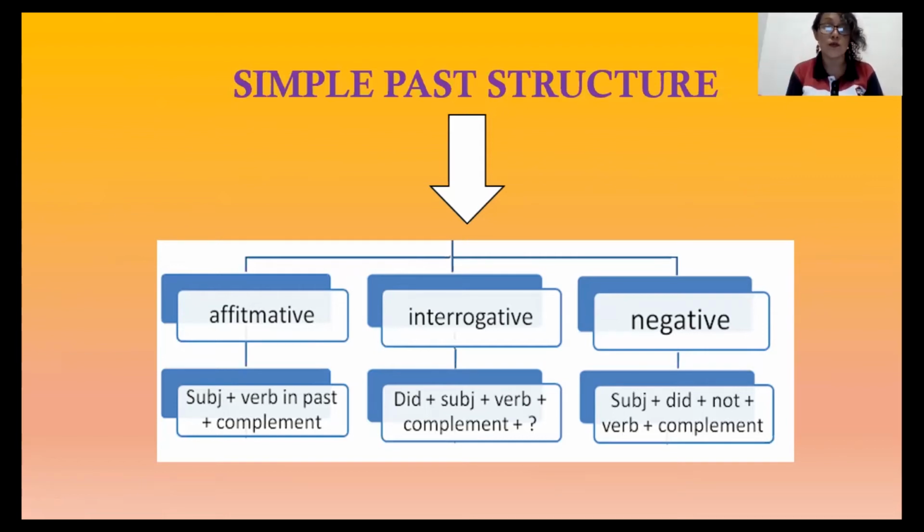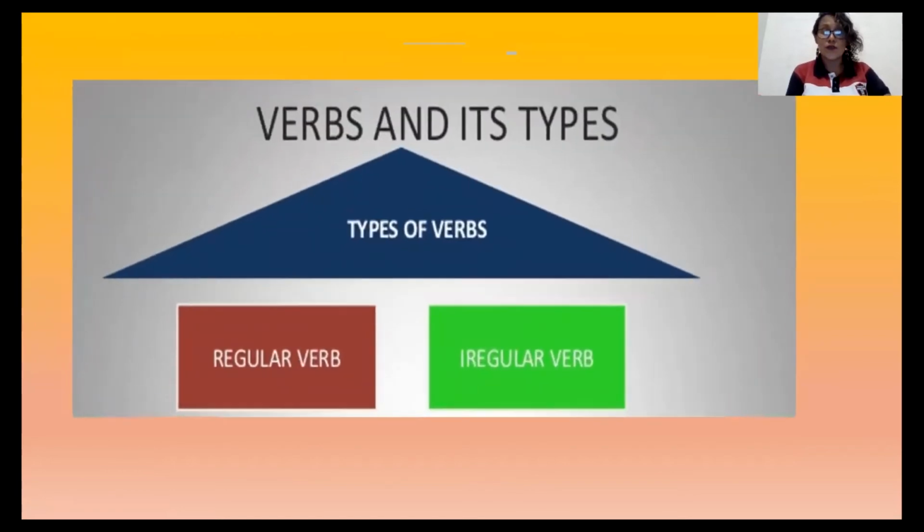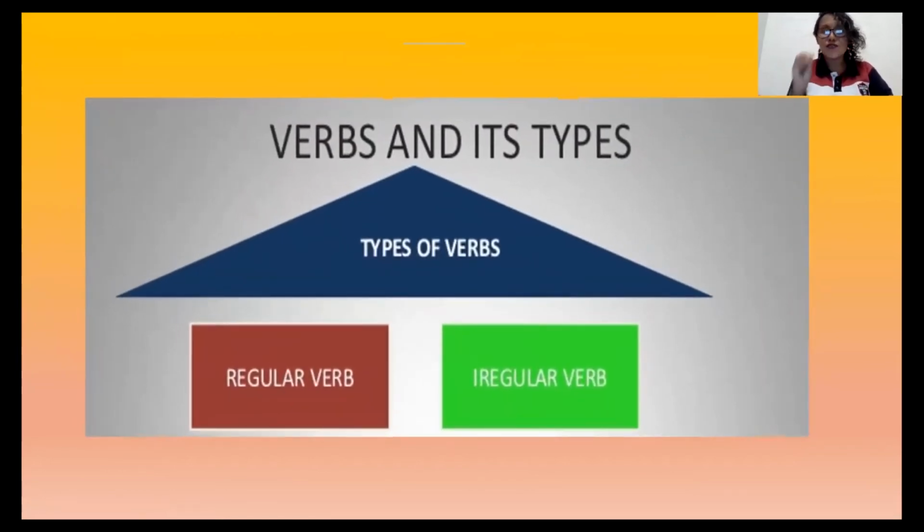I didn't go. And interrogative, did you go to the party last Saturday? So that's the way that we form it, okay? So let's continue. Also, it's necessary to know the verbs. Remember that verbs are really important. You need to know that there are 2 kinds of verbs, okay? Regular and irregular verbs.